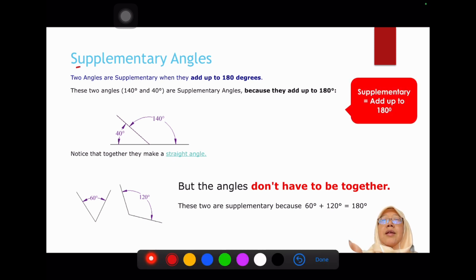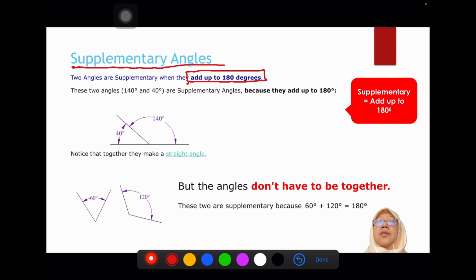Supplementary angles add up to 180 degrees.